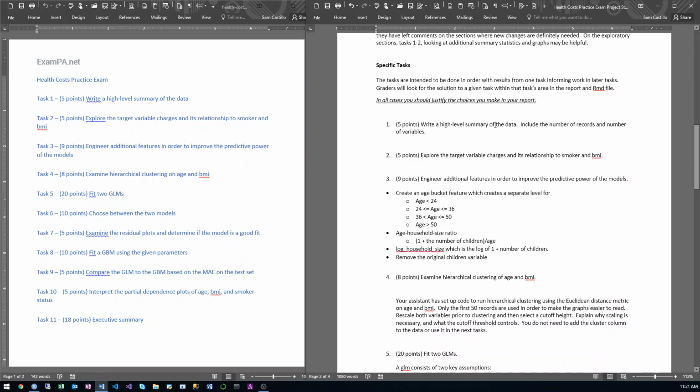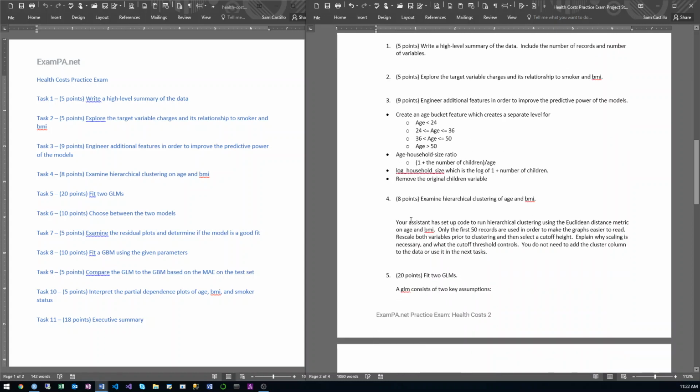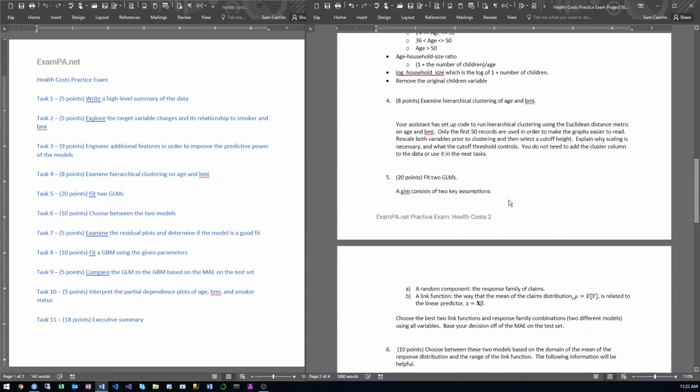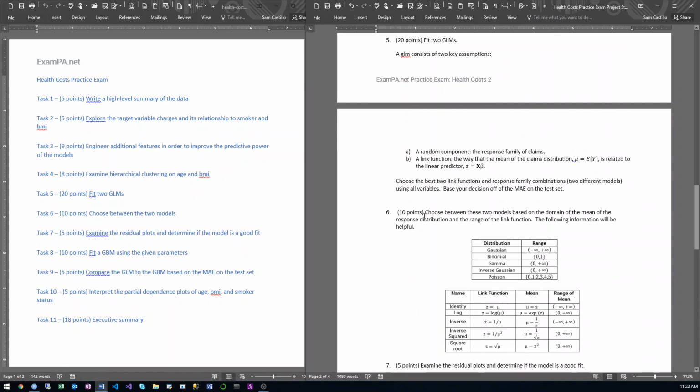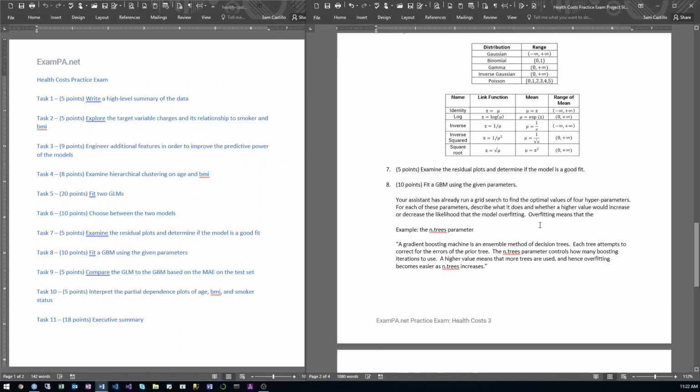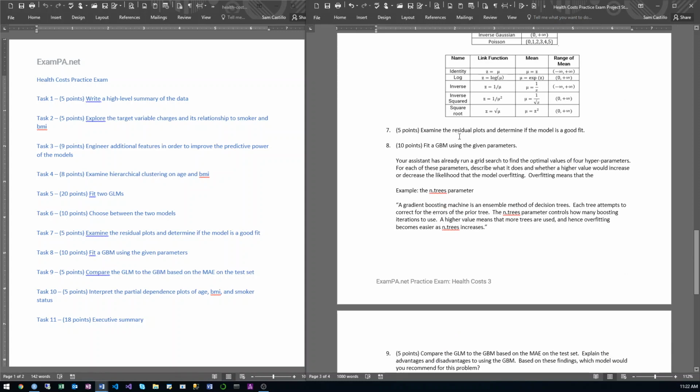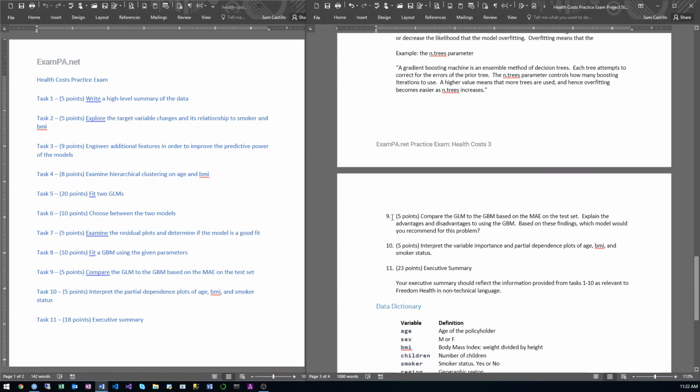I can see there are 5 points just on writing a summary of the data, and then 5 points exploring some graphs, 9 points engineering features here, so I will be careful to pay attention when I get to this task. 8 points for hierarchical clustering, 20 points for 2 GLMs, 20 points just in one question, 10 points on another question related to GLMs, 5 points looking at residual plots, and then 10 points about a GBM. Then 5 points, and 23 points on the executive summary.